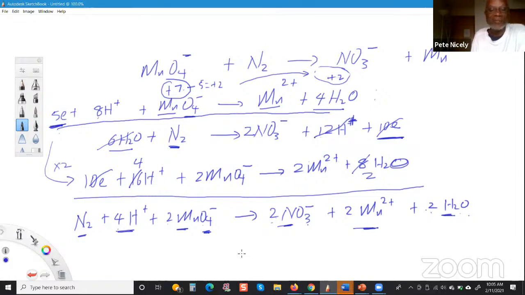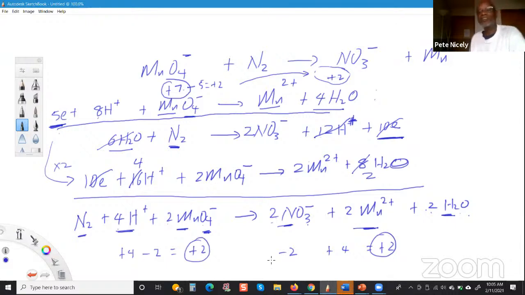And we have to also check to make sure that the charges are balanced. So we have plus 4, minus 2, so that gives you plus 2 on this side. And then on this side, we have minus 2, plus 4, which is equal to plus 2. So the charges are balanced as well. So therefore, that would be the correct balanced equation, all right?